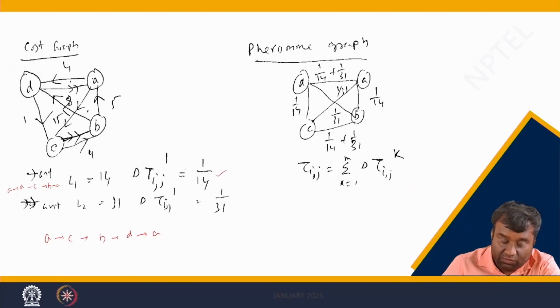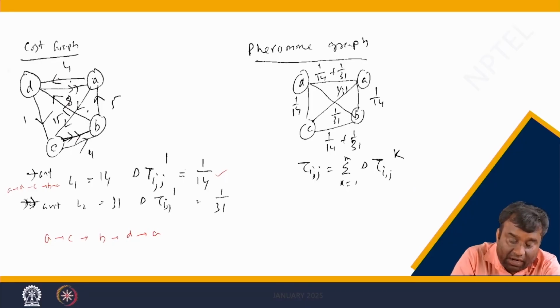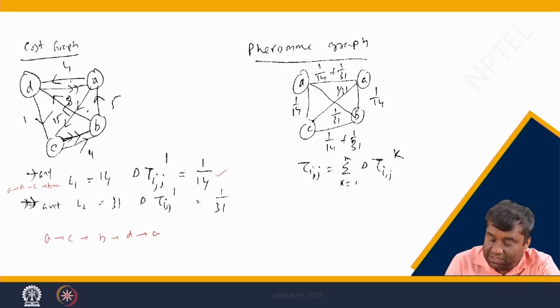Here we assume there are two ants, and the first follows the path A to D to C to B to A. The total length is 4 plus 1 plus 5 plus 9, which is 19... 14, so that is 1 by 14. L2 is A to C to B to D to A, with a total of 31, so it's 1 by 31.